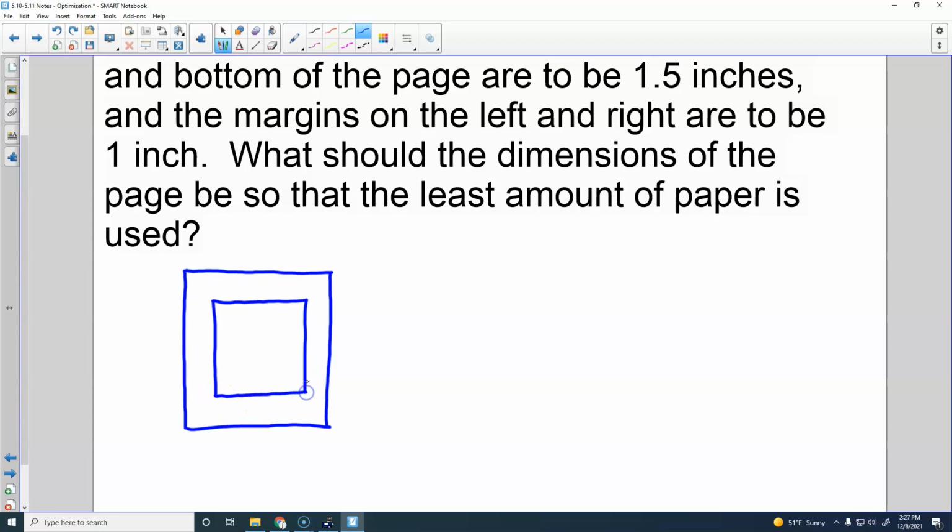You're not going to write all the way to the very edge of the paper. You're going to have margins set. And so it says our top and bottom margins are 1.5. And our side margins are 1.